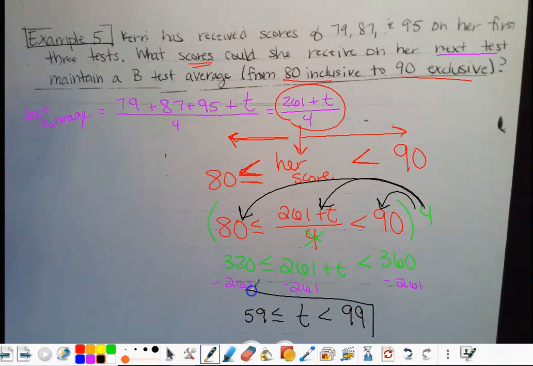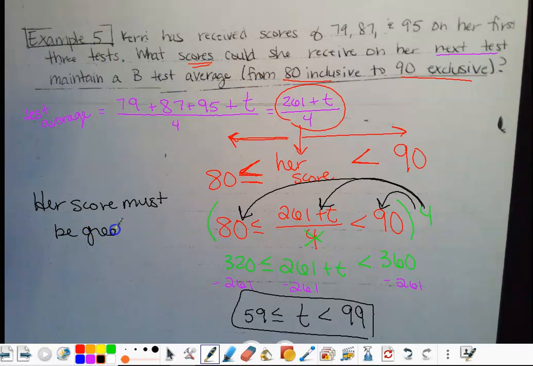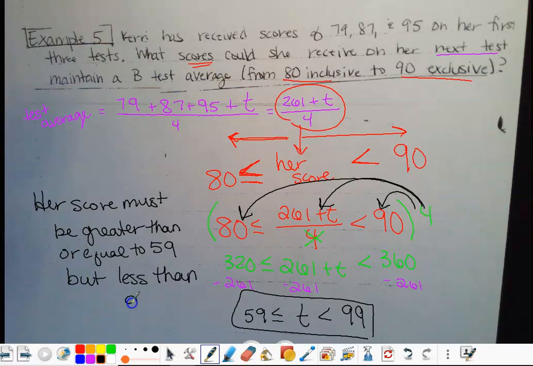So here is my final inequality, which tells me that her score must be greater than or equal to 59, but less than 99.